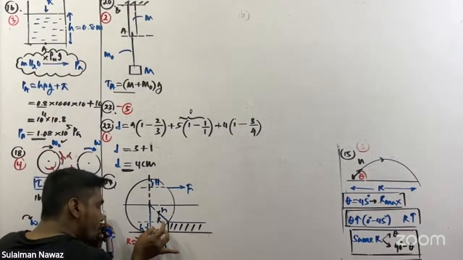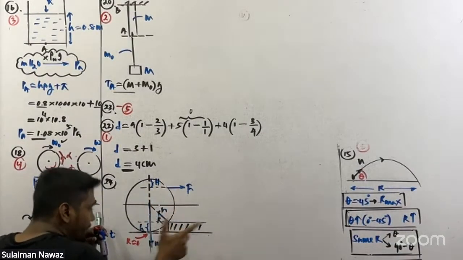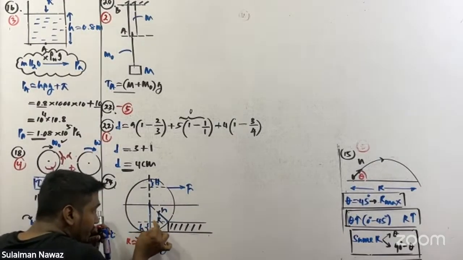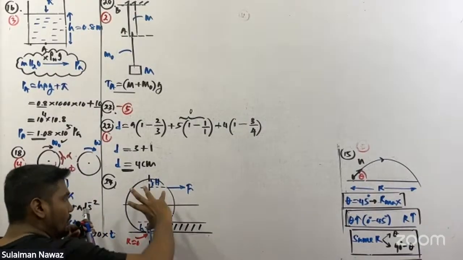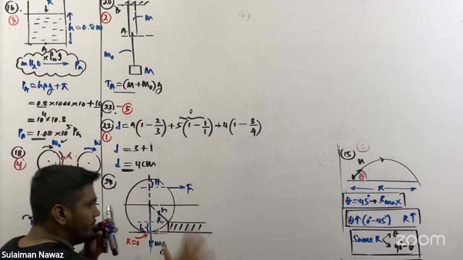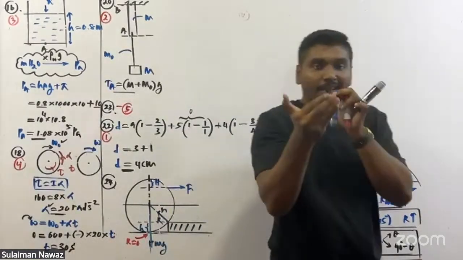I told you, the moment this object is taking the step, that normal reaction force becomes zero, because there won't be any contact between the object and the ground. Even though it's taking the step, we can consider this object to be under equilibrium.